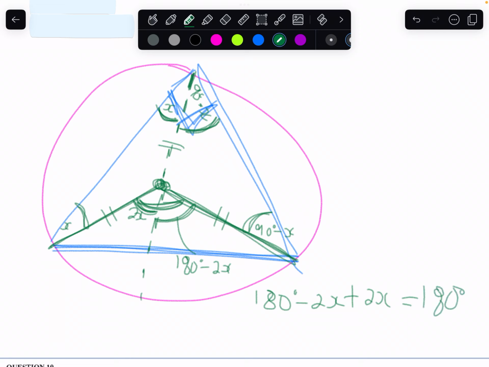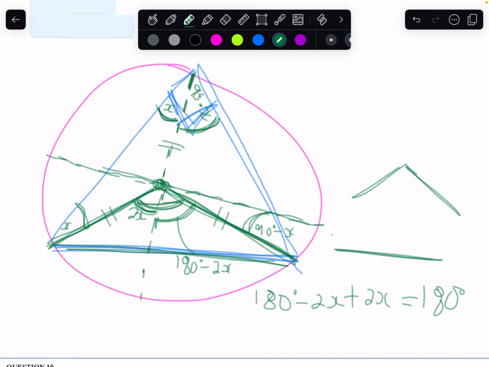So in fact, these arms of the triangle are not arms like that, because 180 means a straight line. So in effect, you can imagine that these arms are actually like this, meaning that this chord is also in line with the diameter, right?